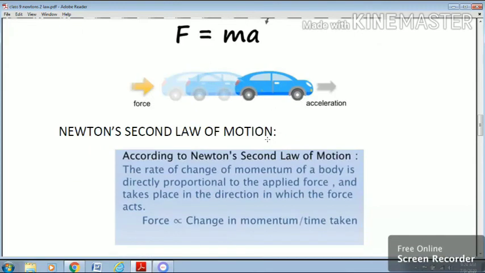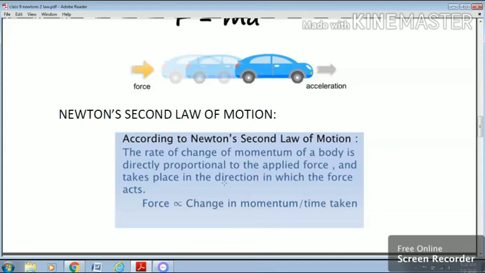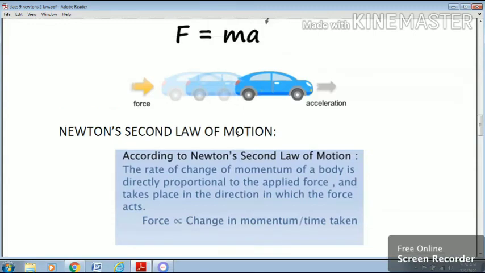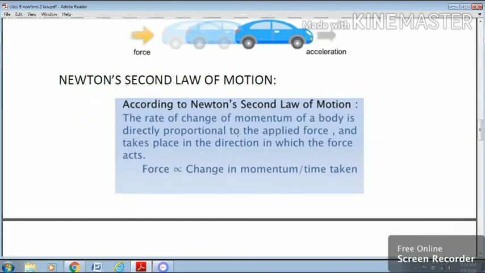According to the statement, the rate of change of momentum of a body is directly proportional to the force applied and takes place in the direction in which the force acts. That means the rate of change of momentum of a body, mv by t, is directly proportional to the force applied. Now we'll discuss few examples related to this relation.